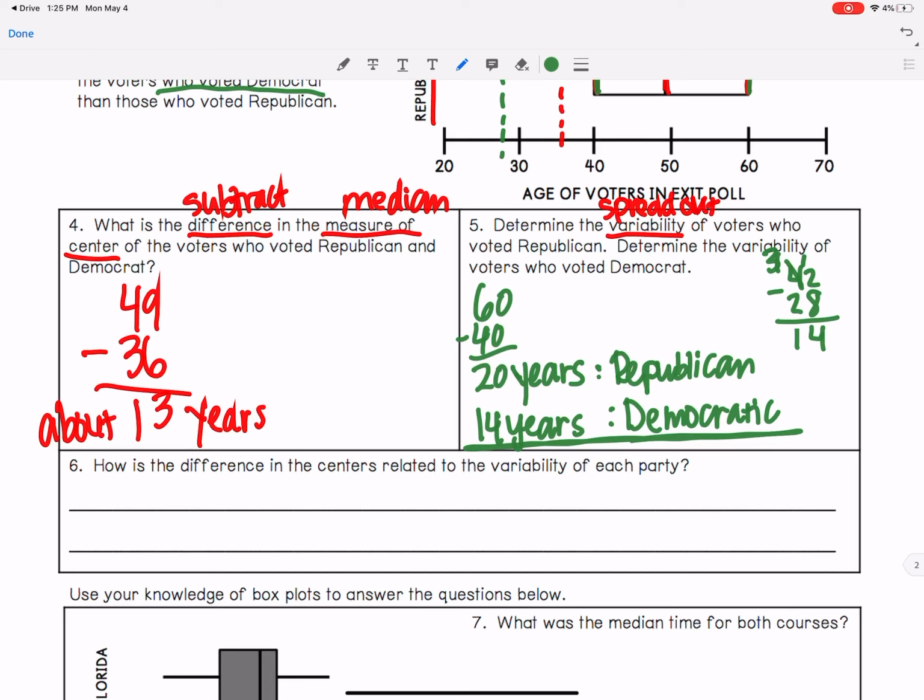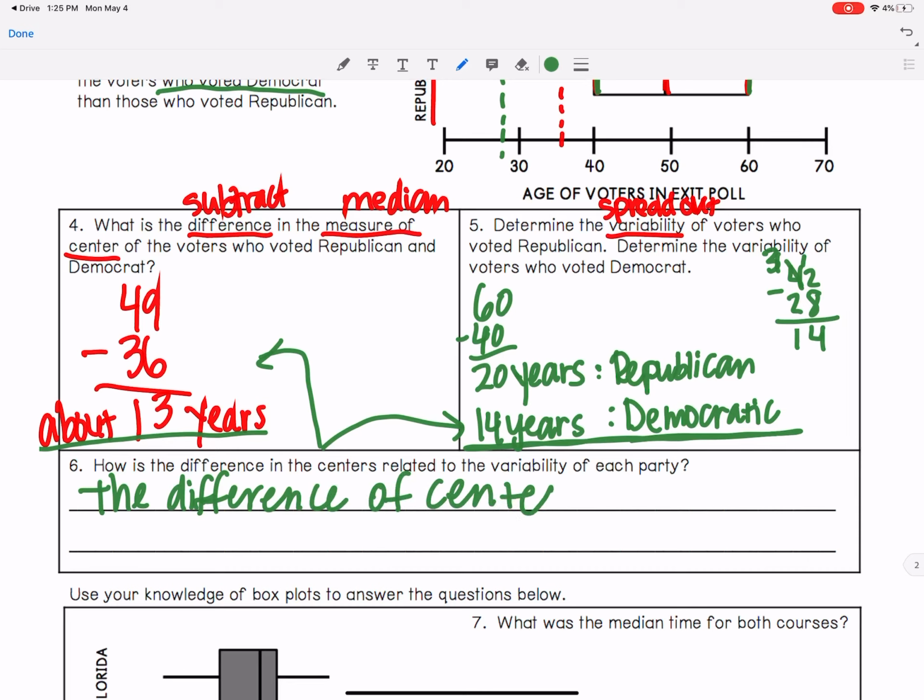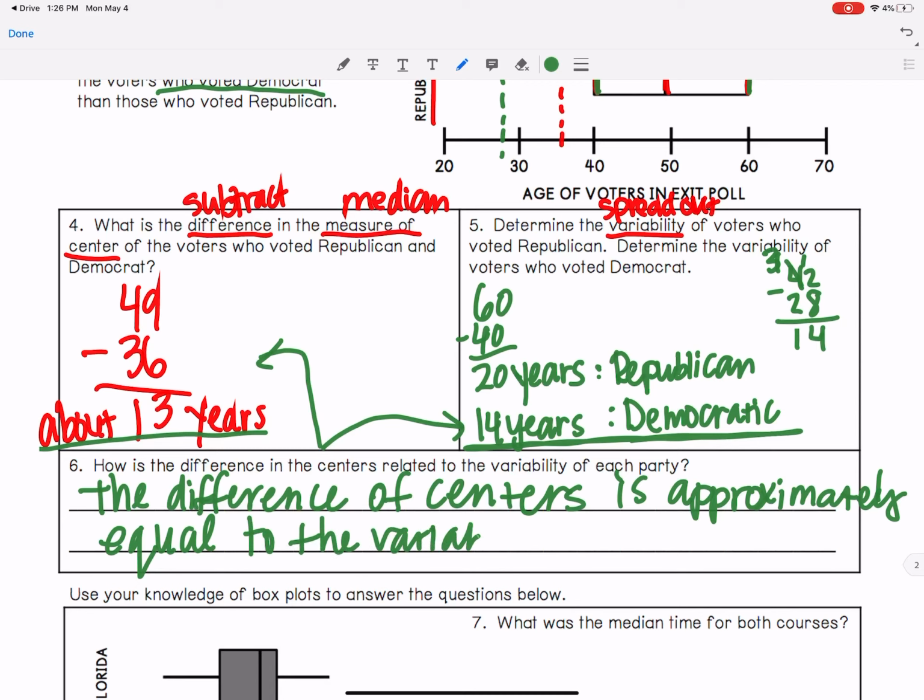So the difference of centers was up here, and we put it's about 13 years. For Democrats, we got 14 years. So I would have to say that the difference of centers, and I'll write this out as we go, the difference of centers is approximately equal to the variability in the Democrat voters.